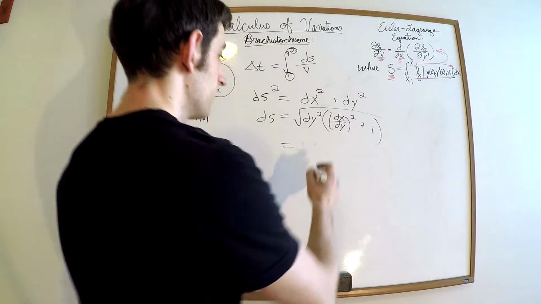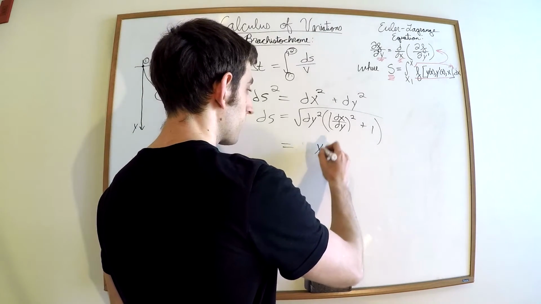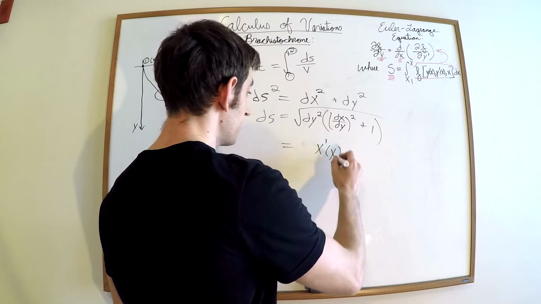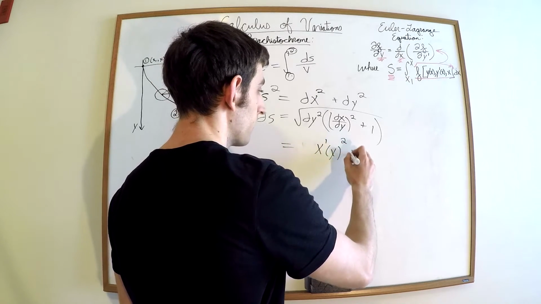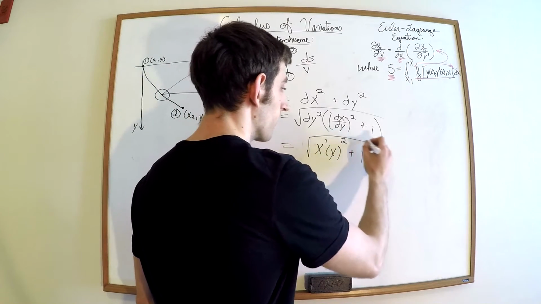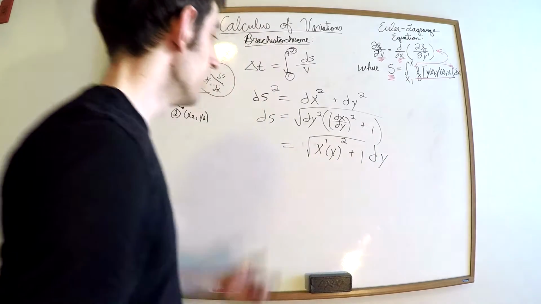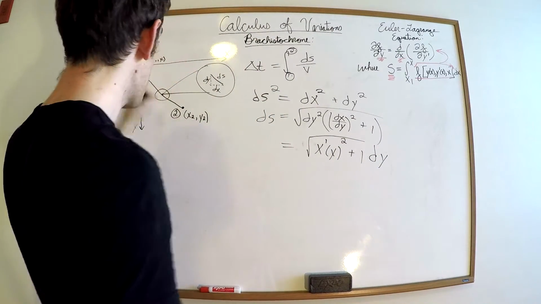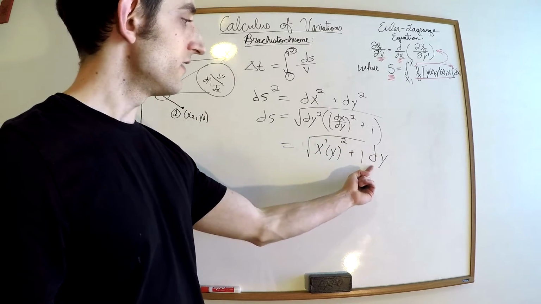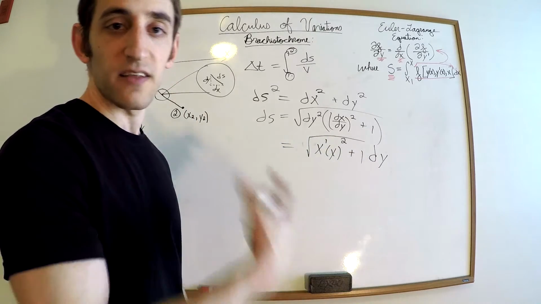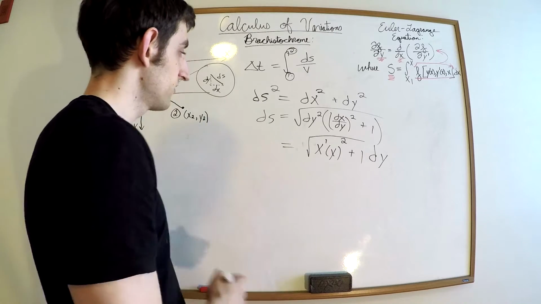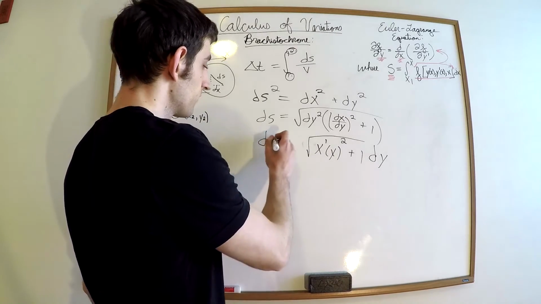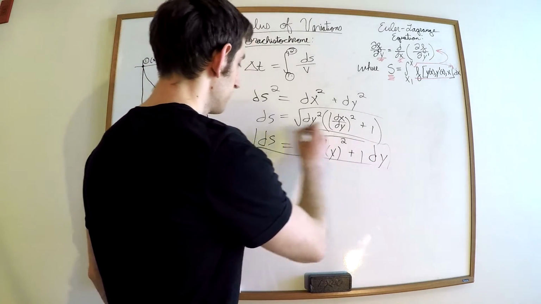So we get the square root of (x prime sub y, this is the derivative, squared plus 1) dy, okay? So that's how we're going to define the differential ds, and we're doing this such that we can add up all these incremental dy's, the increments of our independent variable. So we're going to use this for ds.